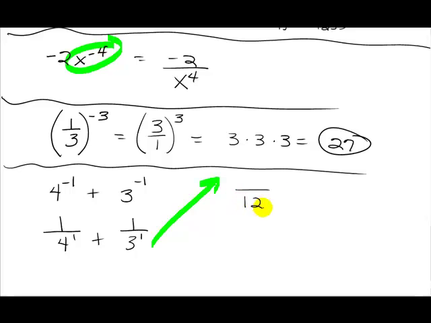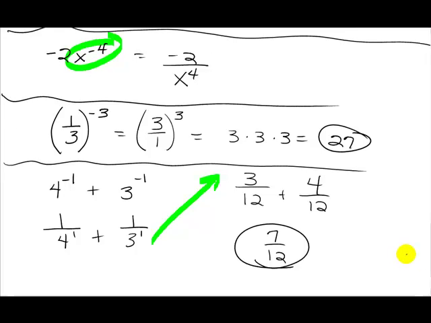We'll use 12. 4 times 3, so 1 times 3. 3 times 4, so 1 times 4, and we add this together to get our answer of 7/12, which it doesn't look like when you start here that you're going to end up with a fraction. So that's very interesting.